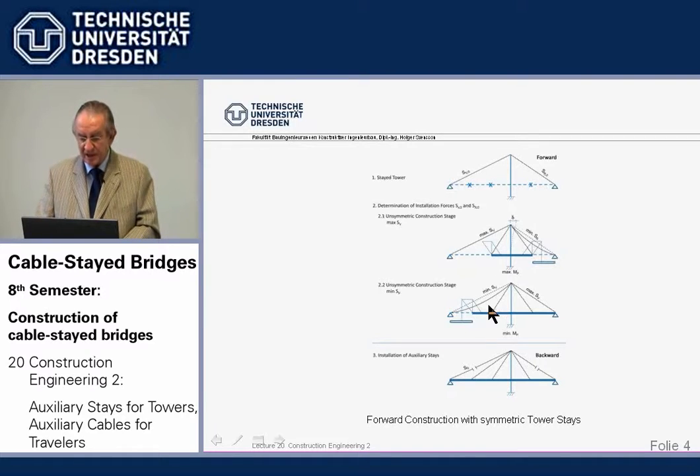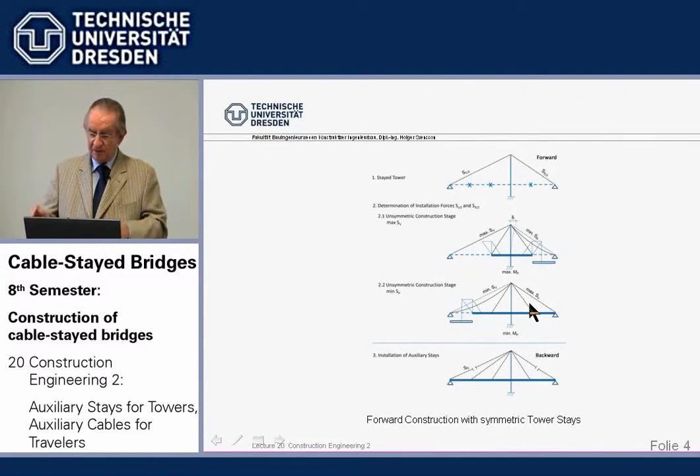And the other way around, the biggest force in this auxiliary tower cable, which is in the position of the final backstay cable, is when we lift the last element with the biggest lever arm to the other side. Then this is the biggest force in here.